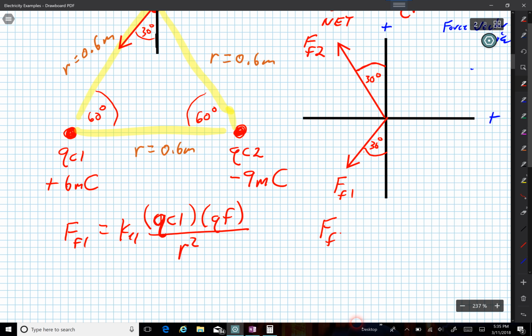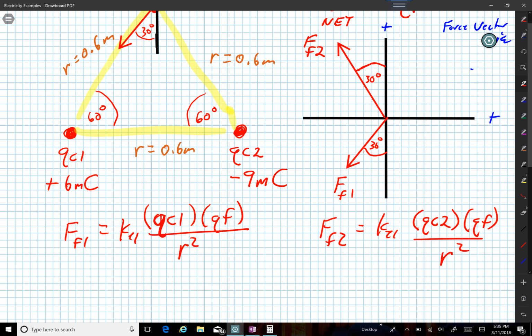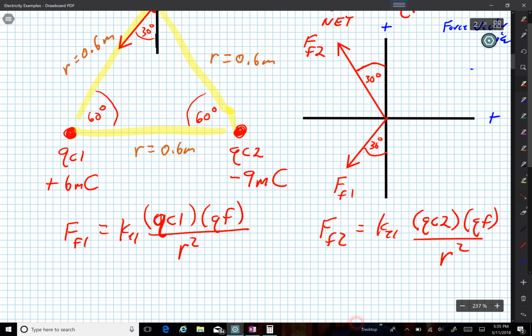And FF2 is K electric QC2 QF over r squared. See, this is where your naming comes in handy. If you name things correctly, it really helps.